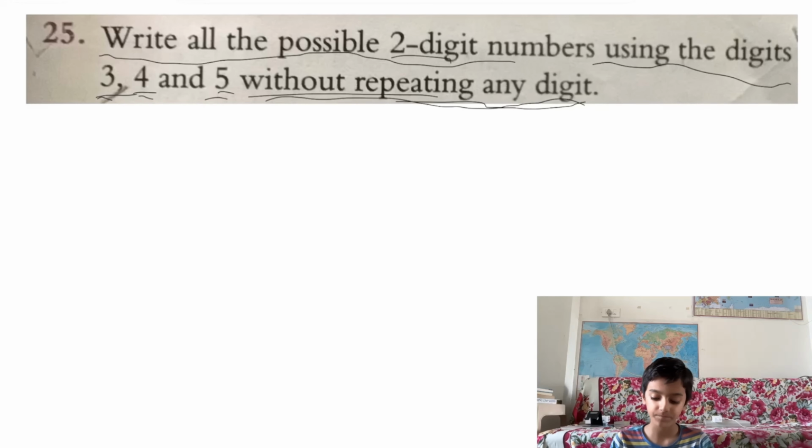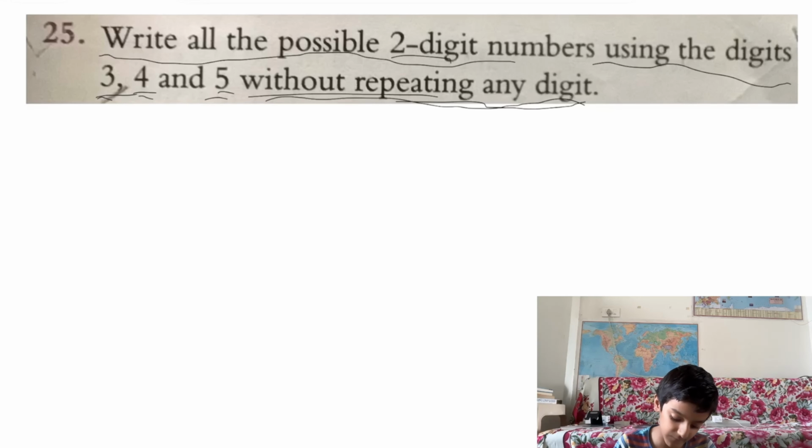So first, we have to find out the possible two-digit numbers, and when we find out the possible two-digit numbers, that will be the answer of this question. So first of all, we will fix one digit in tens and then we will change the unit digits. But we have to keep in mind that we have to not repeat any digit in any number.